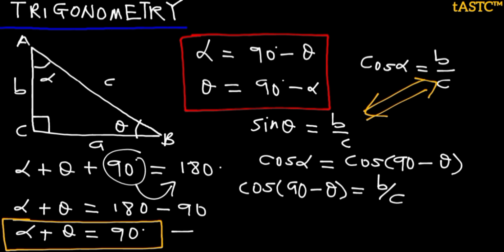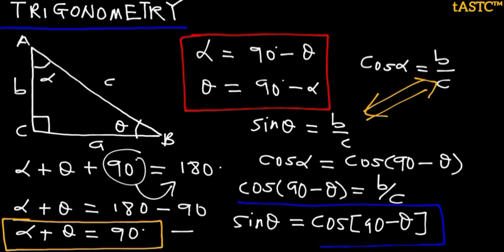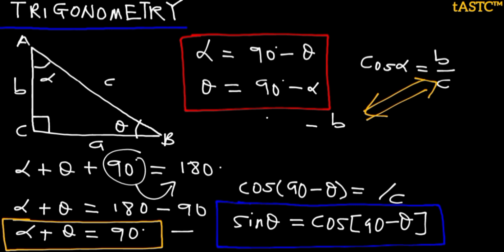So we are creating a proof here that sine theta is equal to cosine of 90 minus theta. And this is actually a brilliant law or rule for complementary angles. In the same vein, you're going to have that work for sine alpha and cosine of 90 minus alpha.